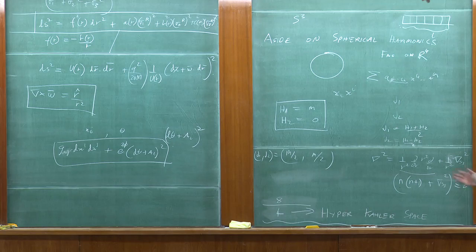So this is a space that has the topology of what is called a Kaluza-Klein monopole. Under the Kaluza-Klein reduction on this S1, what we have is a gauge field in this problem, and this gauge field carries a monopole charge.